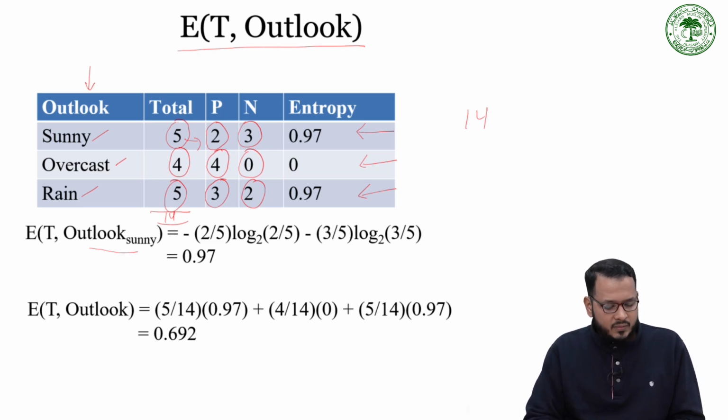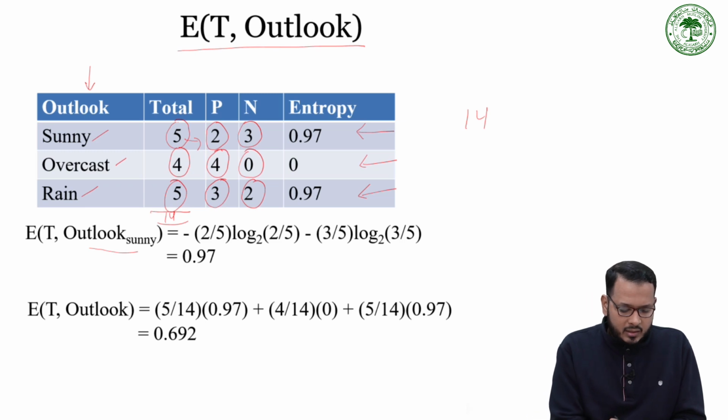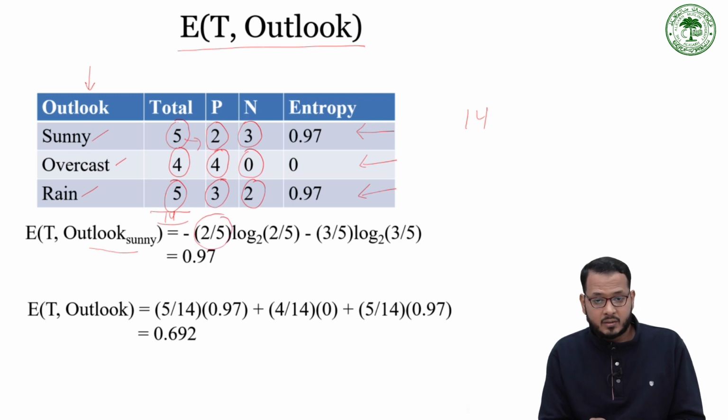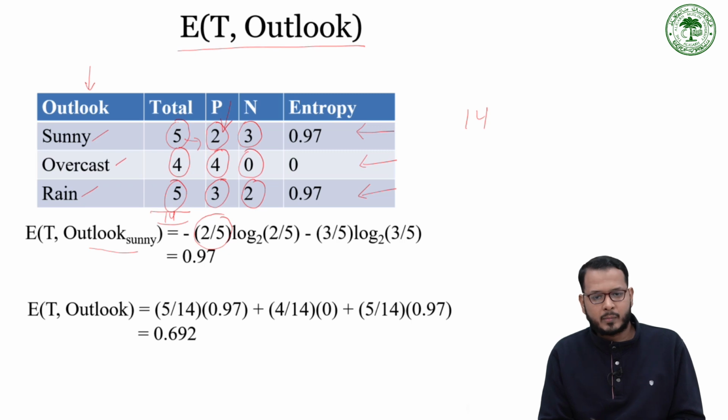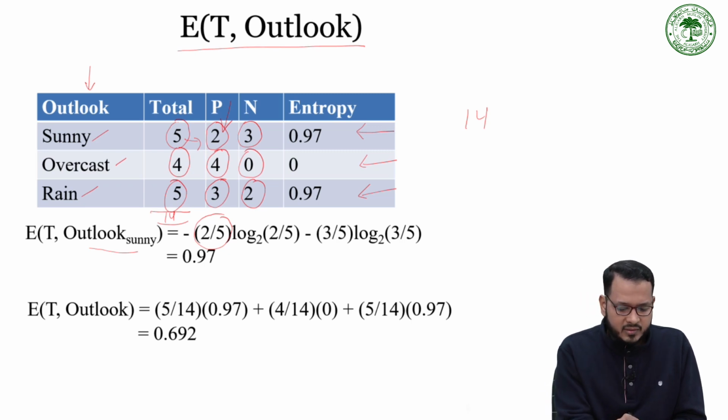If we do the first one, that is Outlook being sunny, the entropy can be calculated like this. The probability of positive examples, as we can see, positives are 2. So minus 2 divided by 5, log 2 of 2 divided by 5, because the total examples in sunny are 5.